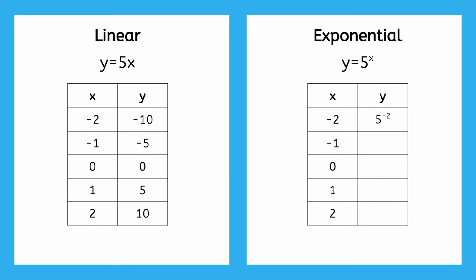I know that a negative exponent means this has to move to the bottom of this invisible fraction, making this 1 over 5 squared. 5 squared is 25, so the y value is 1 over 25. When we evaluate the rest of these x values, we end up with a table like this. If you need to make any corrections in your tables, now is the time to do so.